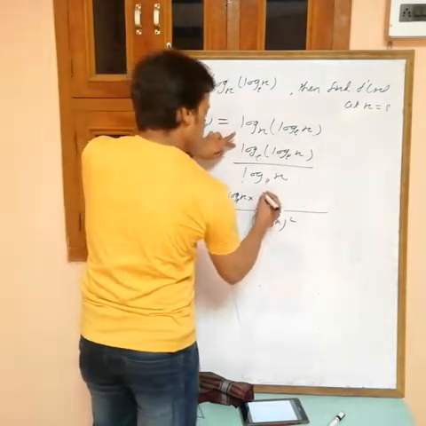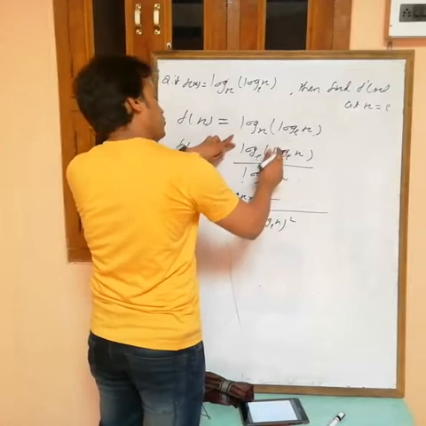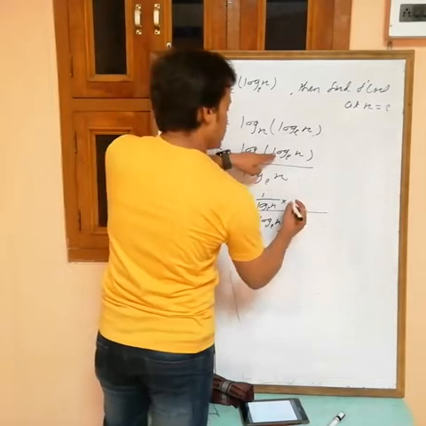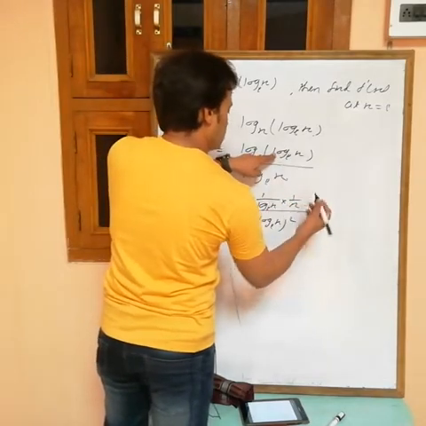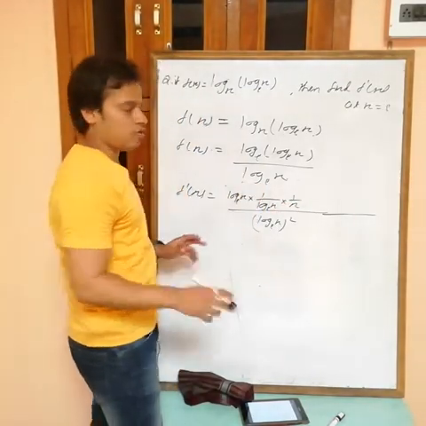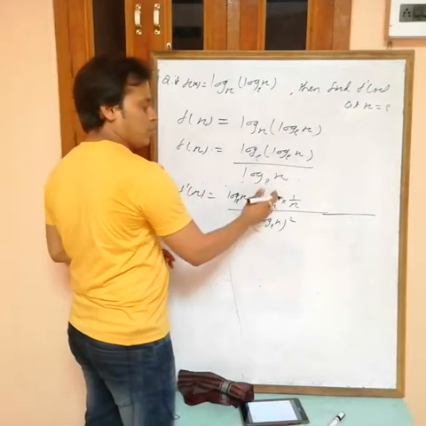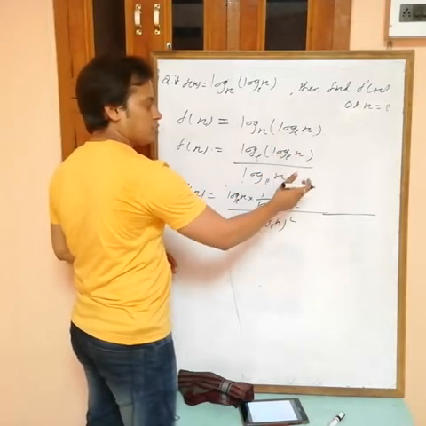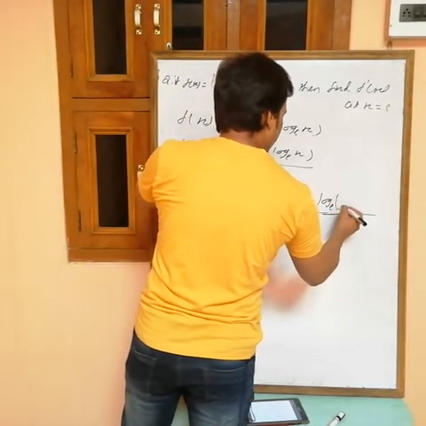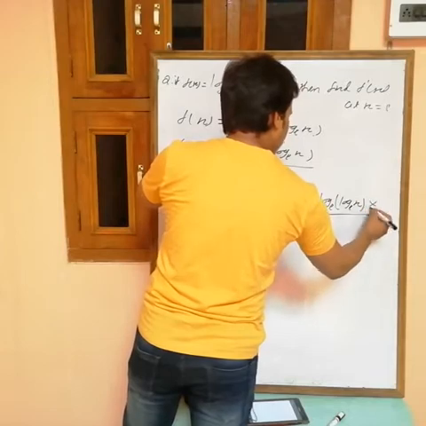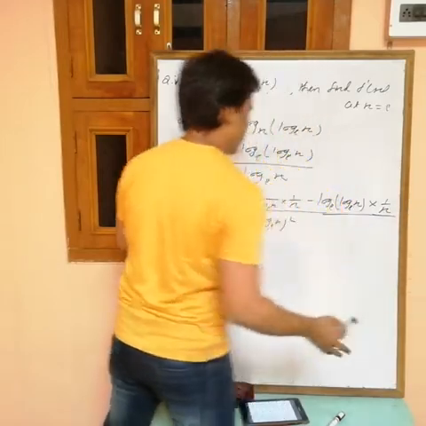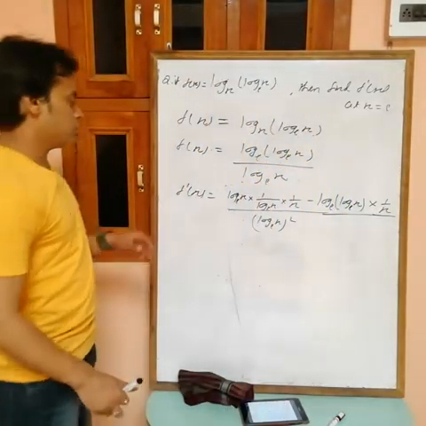Differentiation of log x is 1 by x, but in place of x we have to put log ex, and again differentiate log ex, whose derivative is 1 by x. Then minus the numerator log log ex and the differentiation of the denominator. Differentiation of log x is 1 by x because the base is e. So this is the value of f dash x.